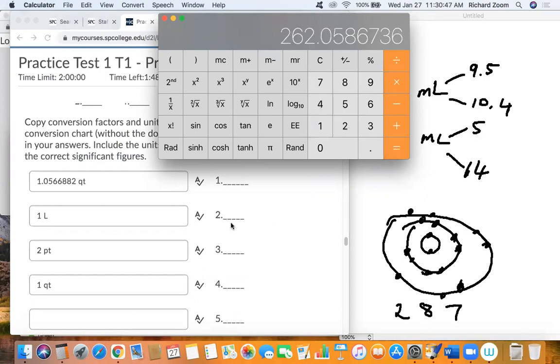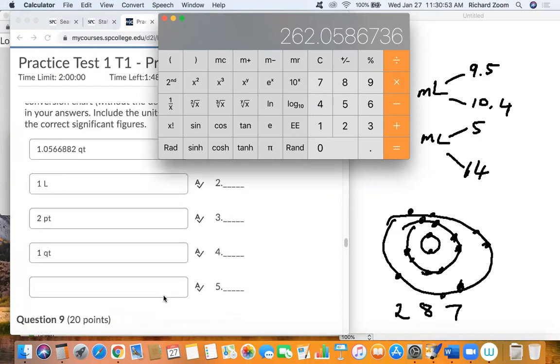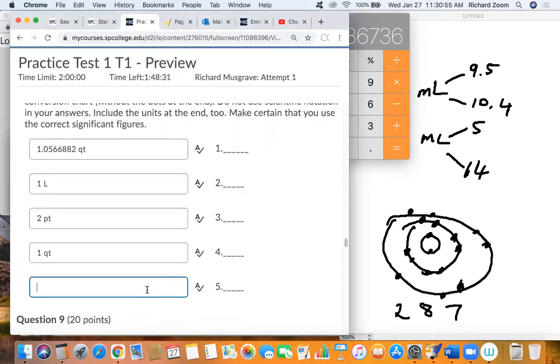And the answer should come up to 262. That doesn't seem right. No, I suppose it does. Yeah, 262 pints. That would have 3 significant figures.